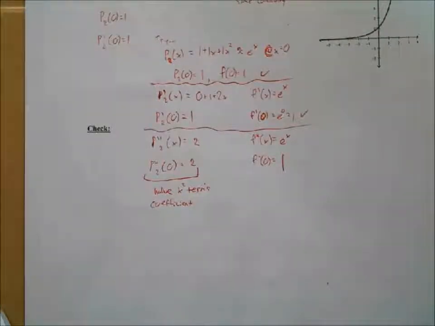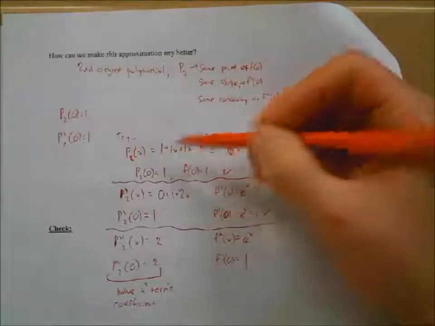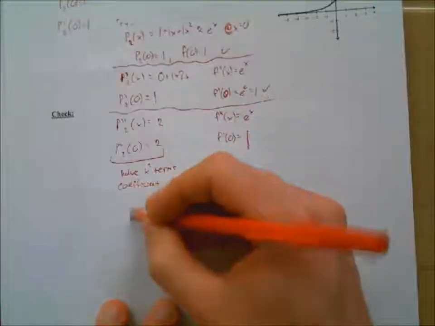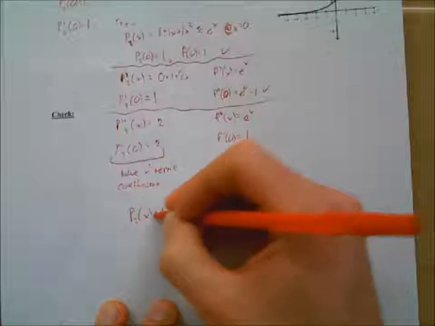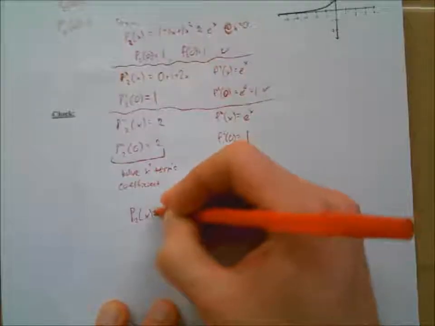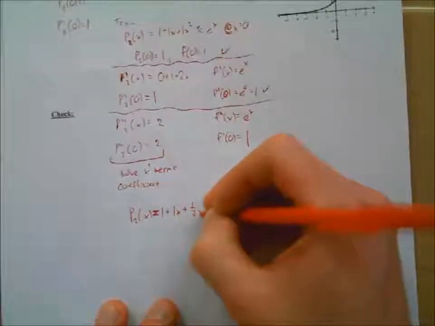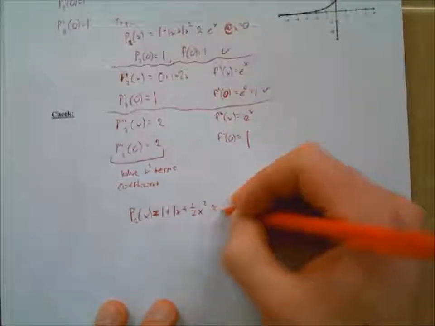So in other words, our original guess of 1 plus 1x plus 1x squared wasn't quite right. It should be 1 plus 1x plus 1/2 x squared, and that is approximately e to the x.